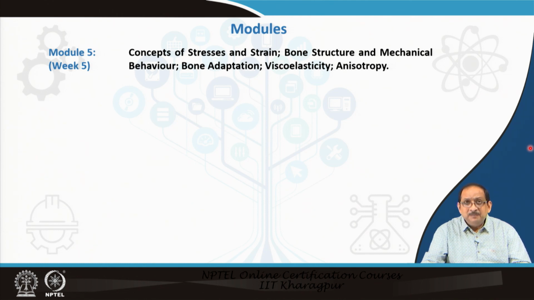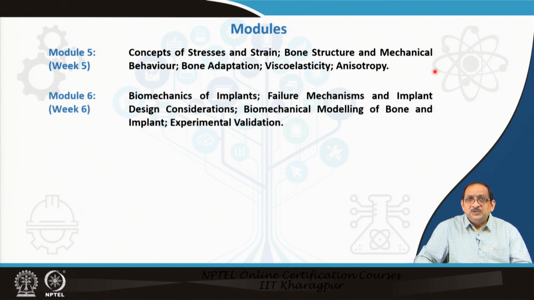Module 5 specifically will consist of lectures on concepts of stress and strain, bone structure and mechanical behavior, bone adaptation, viscoelasticity and anisotropy. Module 6 will discuss implants, biomechanics of implants, failure mechanisms and implant design considerations.